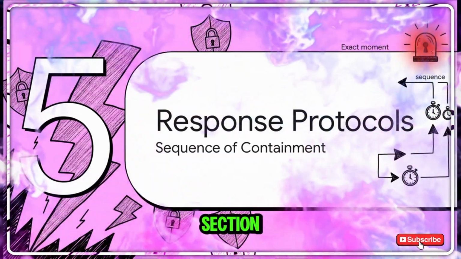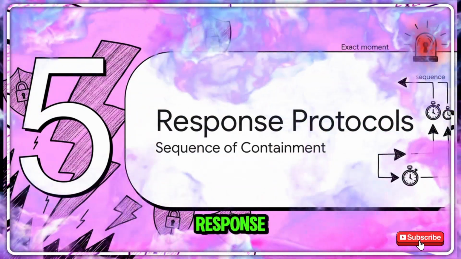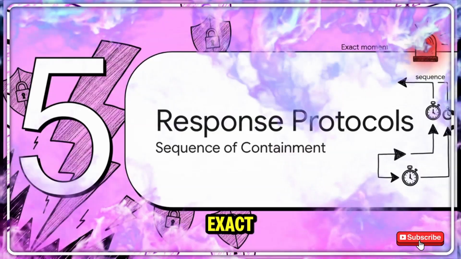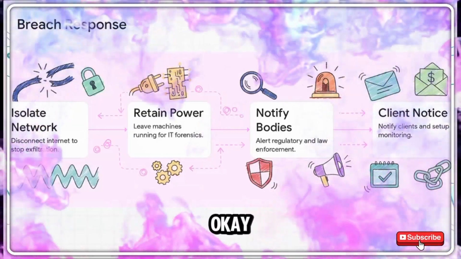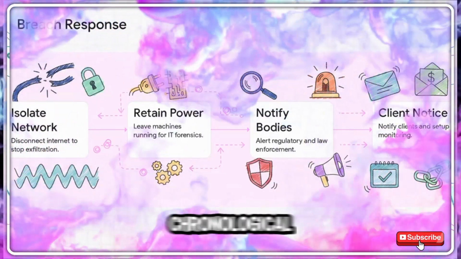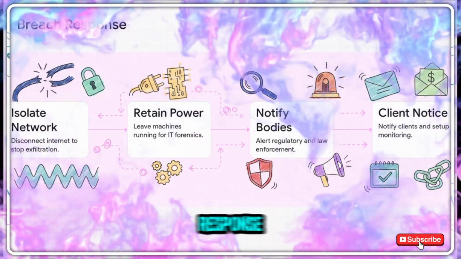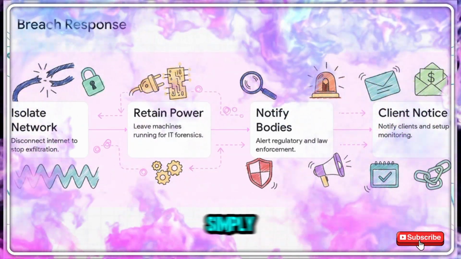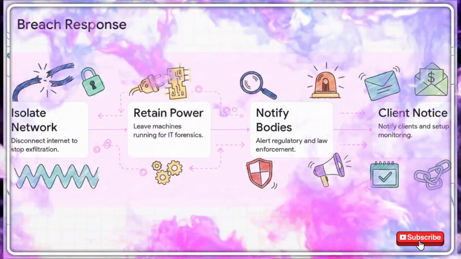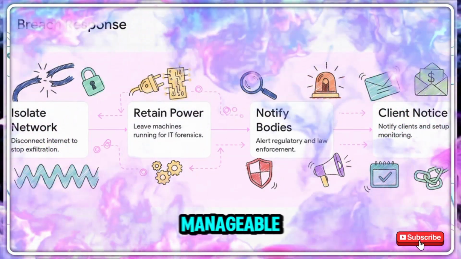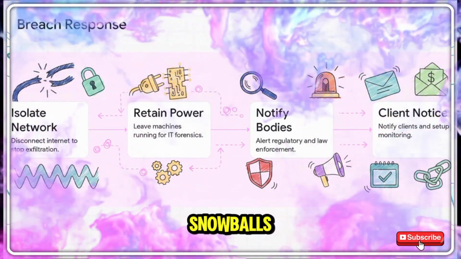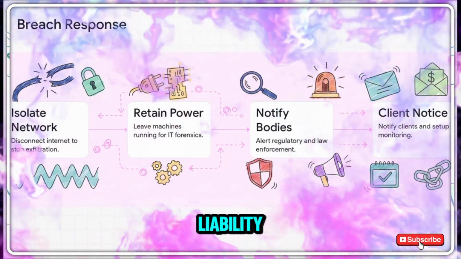Let's jump to Section 5, Data Breach Response Protocols and the exact sequence of containment. Okay, we need to break down the exact chronological logic of a breach response, because the urgency here simply cannot be overstated. If you get this sequence wrong, a manageable incident quickly snowballs into a catastrophic liability.